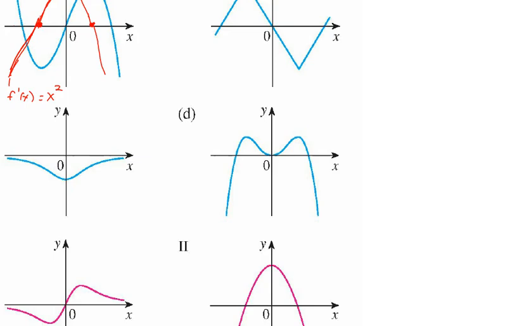Hold on, let me go to Google. Random number generator. 1 to 17. We're going to get number 5. Stephanie, you get to give it a try.